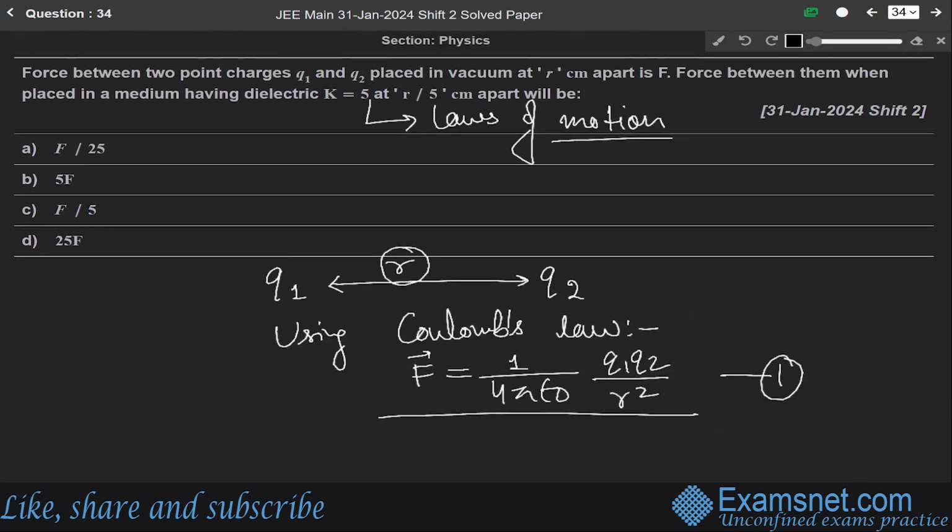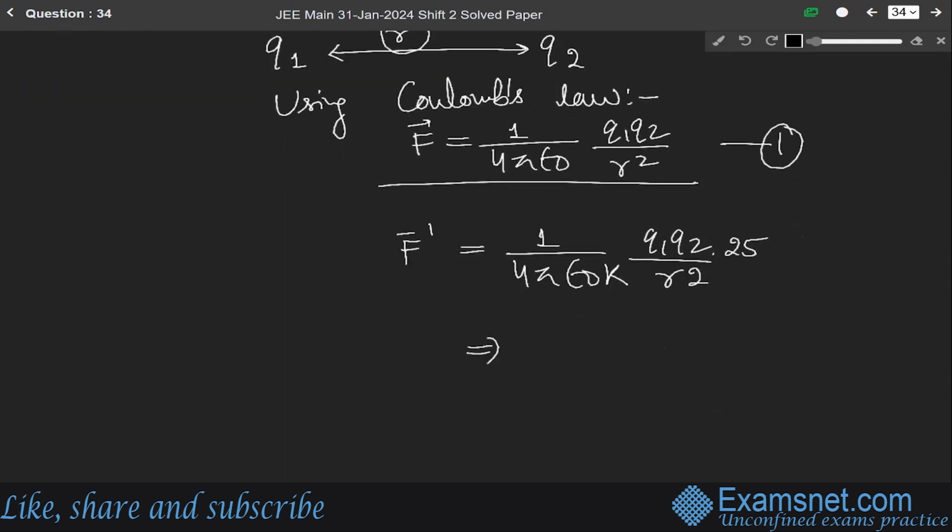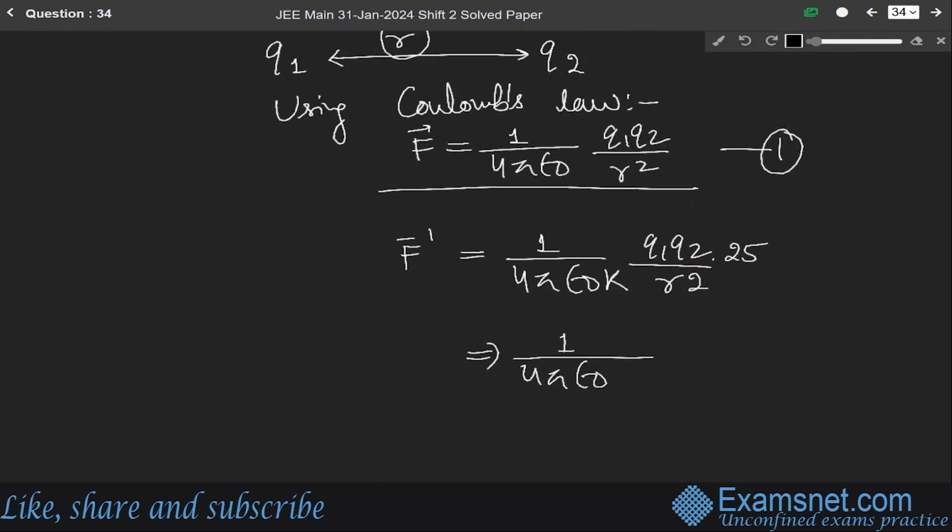Now, according to the question, the force between them when placed in a medium having dielectric constant K equals 5 at R by 5 apart, so F dash will be equal to 1 over 4 pi epsilon naught Q1 Q2 over R by 5 square, means R square over 25, and there is a dielectric constant K. Here we multiply 4 pi epsilon naught with K. So we get 1 over 4 pi epsilon naught, and the value of K is 5, so 5 into 25 Q1 Q2 over R square.